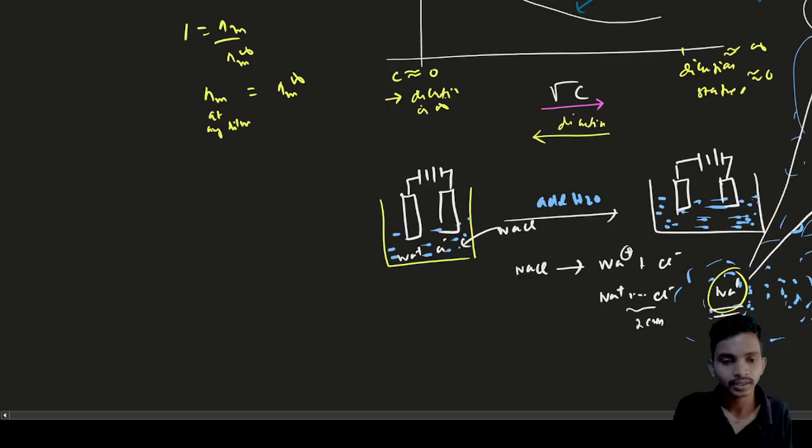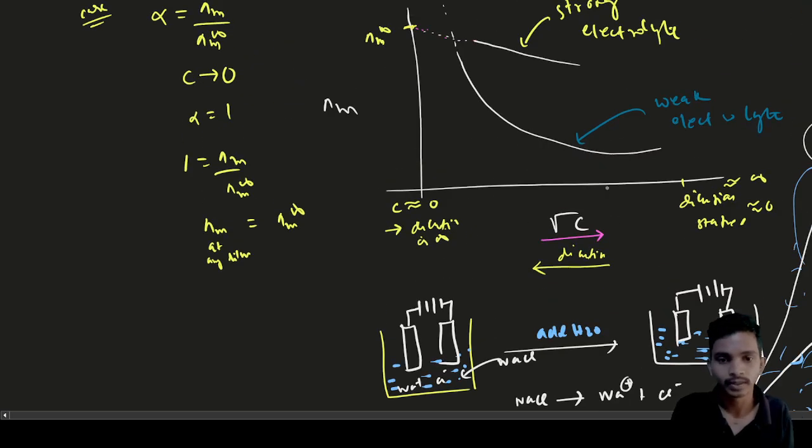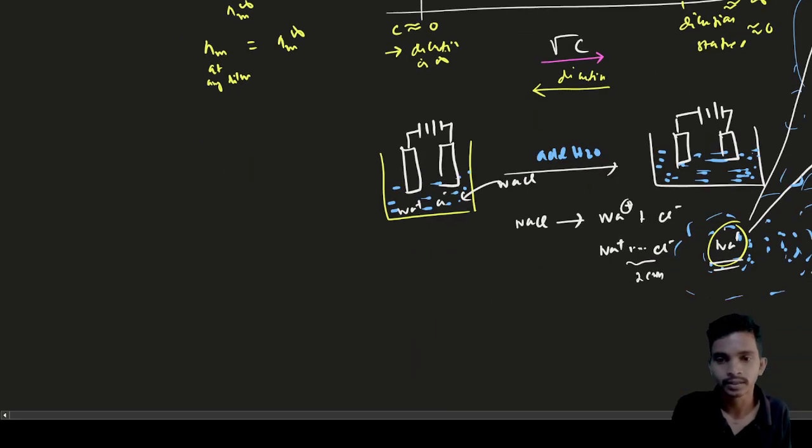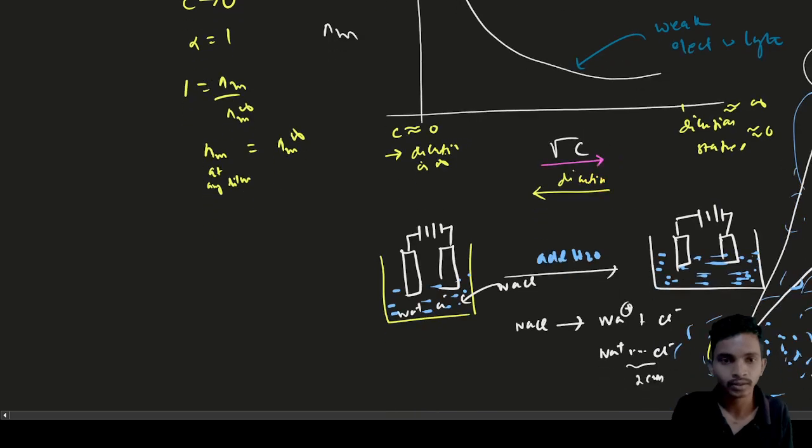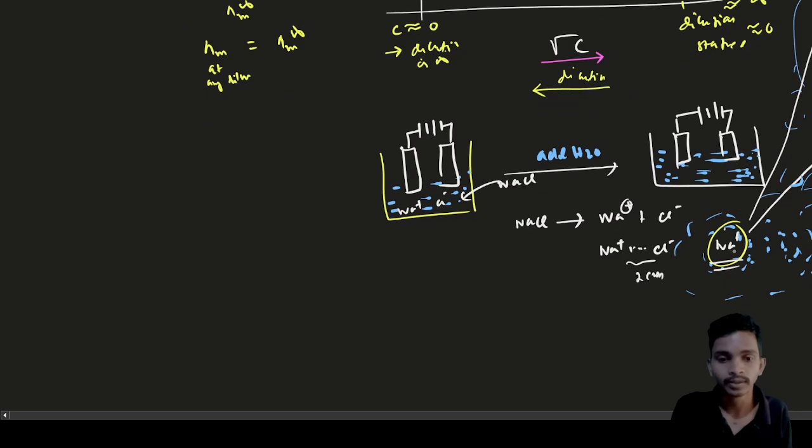That is what it says: at infinite dilution, the molar conductance tends to the molar conductance at infinity. If the distance between them is huge and there is no attraction between the two ions, then the molar conductance will be equal to the molar conductance at infinity.